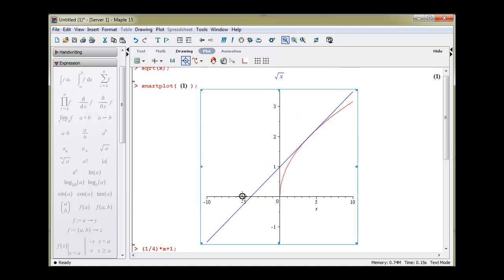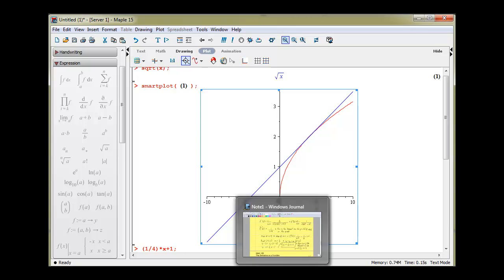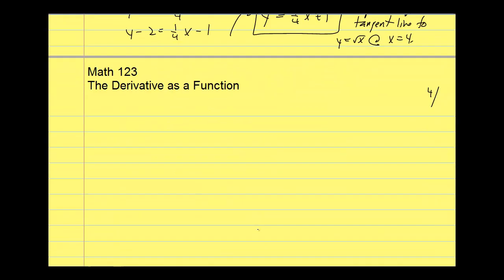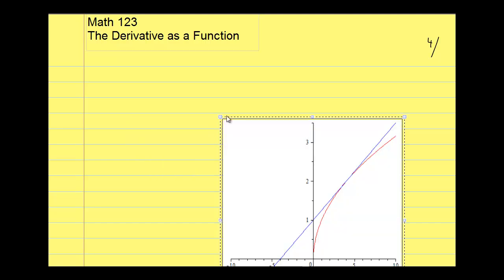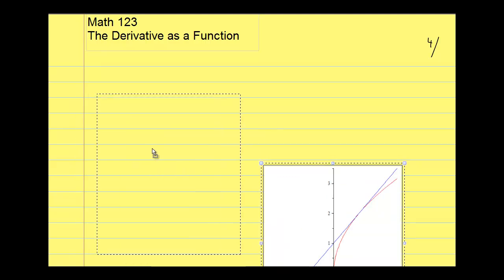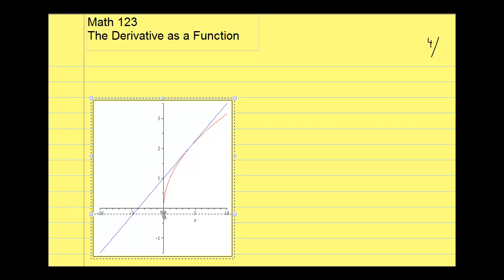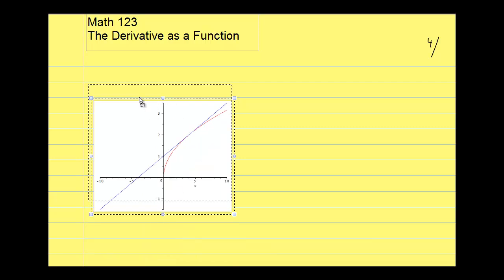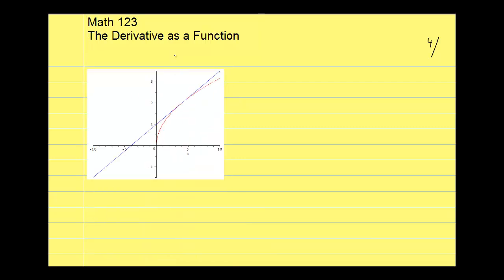This really does look like a nice little tangent line, and it looks like it is tangent at 4. So I'm going to grab this and pop it into our notes. Again, what it looks like we have here is our original function in red.